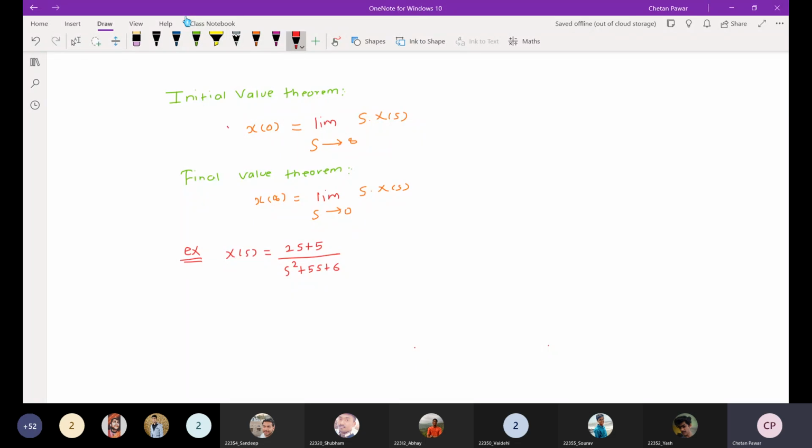So you can calculate the initial value by putting s equal to infinity and solving this. Similarly, you can find the final value by putting s equal to 0 and solving this.